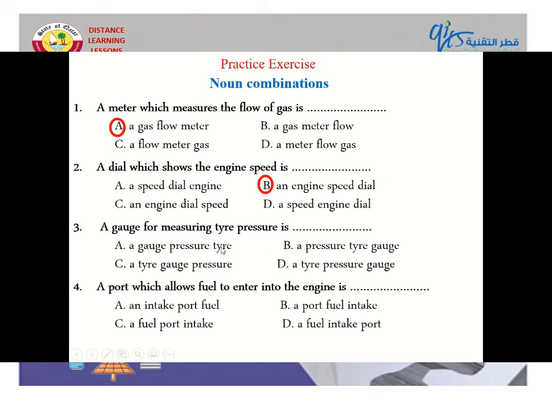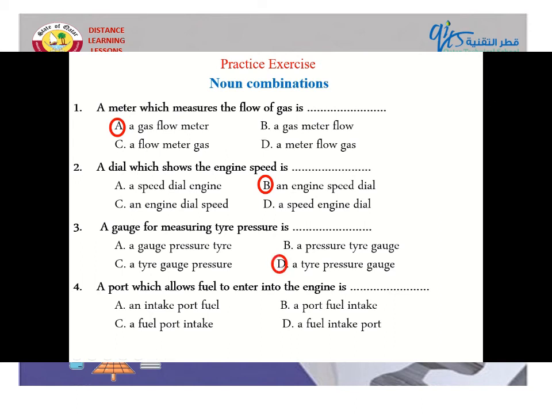So, this option with tire at the end and this one with pressure at the end will be eliminated. So we have two options, a pressure tire gauge and a tire pressure gauge. So we need to look at the word order from the question, which is here, tire pressure. So pressure tire, wrong, tire pressure. So our correct option is D.